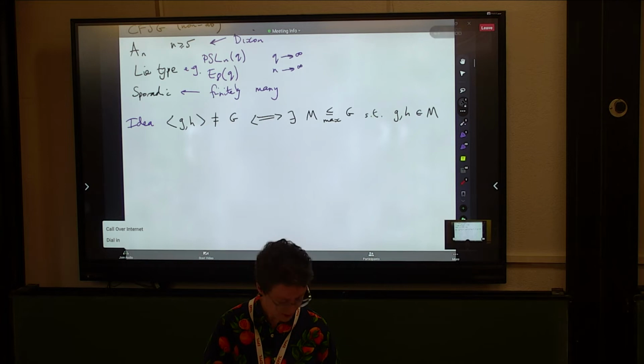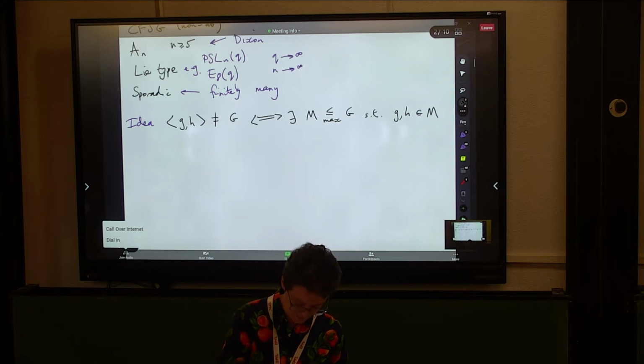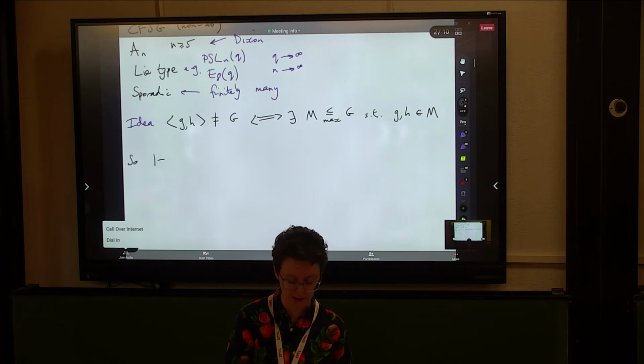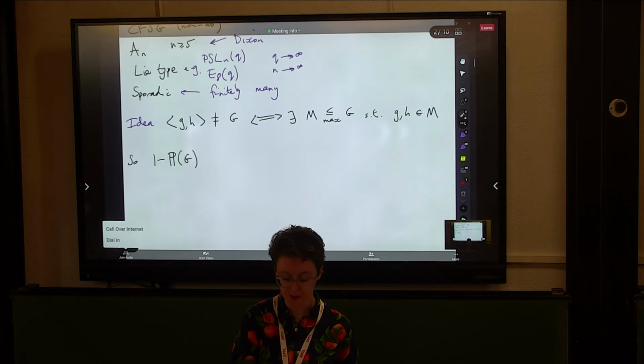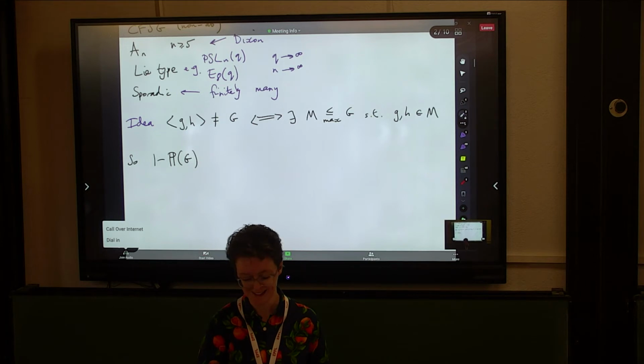So we can write down our probability, or I guess 1 minus our probability, right? Because this is a way of understanding when G and H do not generate.